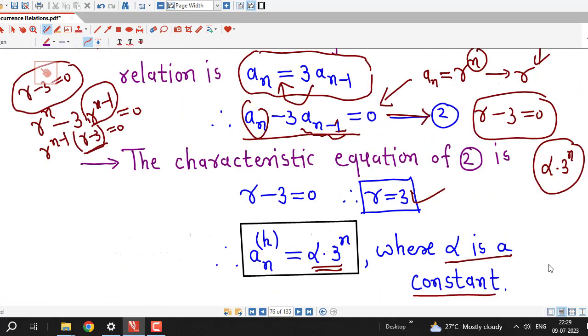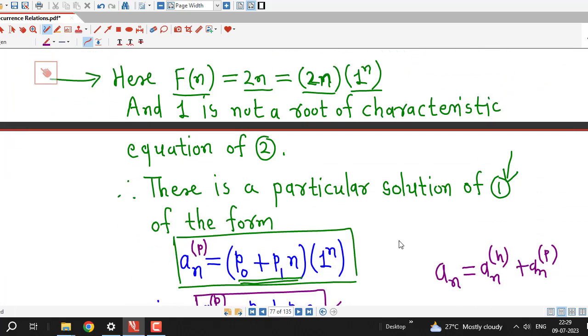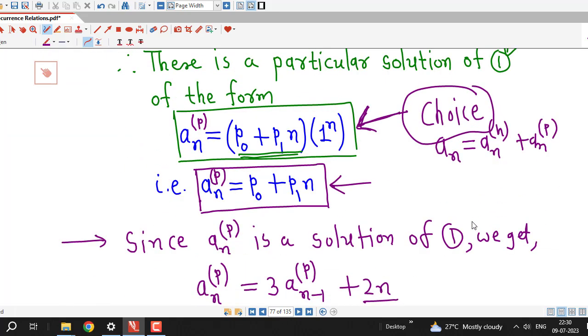The main thing in this method is the correct choice for the particular solution. Whatever trial solution we are assuming, if there is a mistake in the choice of that particular solution, then we will get our answer wrong.